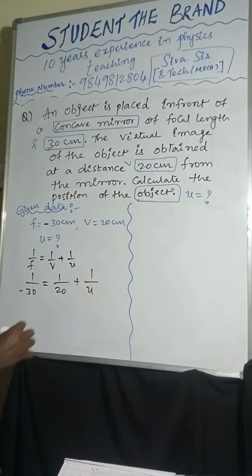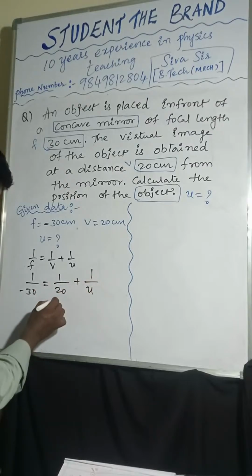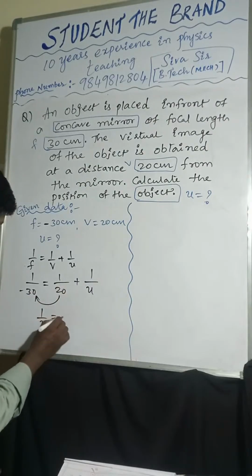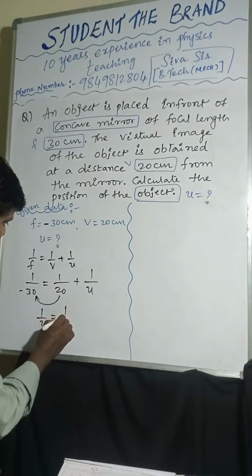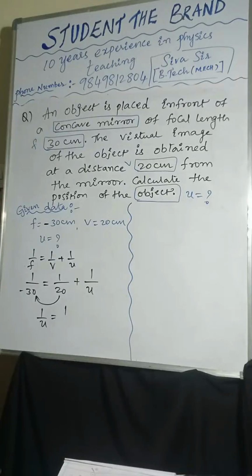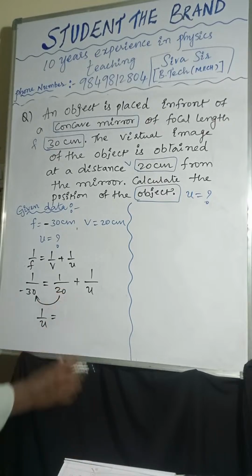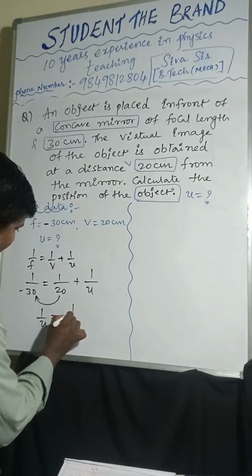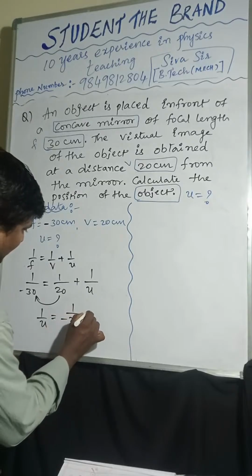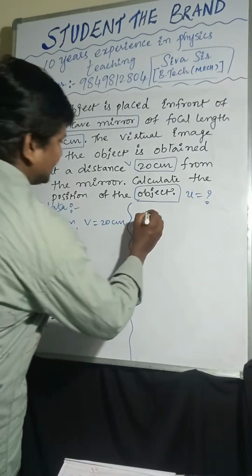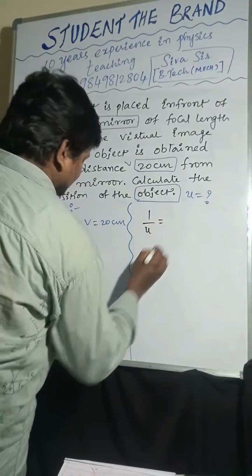So you can take the 1 by v value to this side: 1 by u equal to 1 by minus 30, minus of 1 by 20. Both are minus. So 1 by u equal to 1 by minus 20 minus 1 by 30.